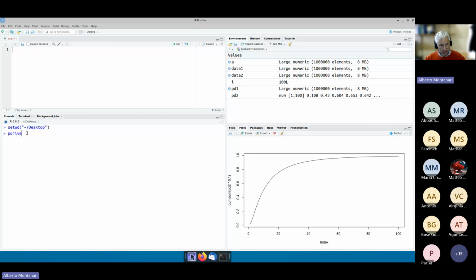Let's use the scan function. You may source the data file from the menus, but let's do it with the scan function, which is very simple: scan.